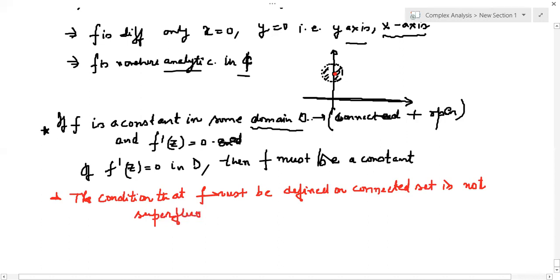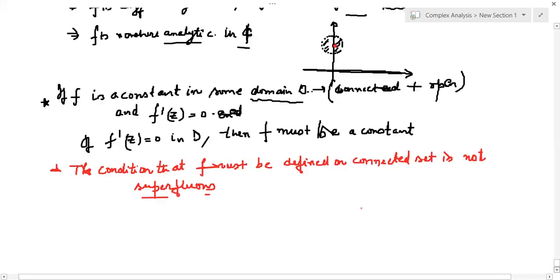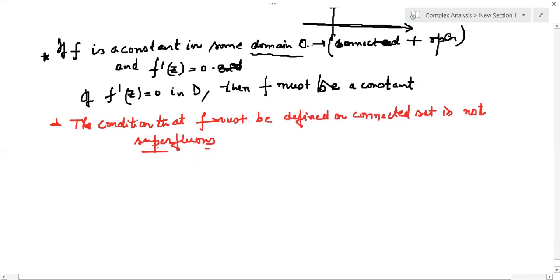So you have to remember this. It's not that I'm just writing it for the sake of writing. No, it is really the case. Let us take one example and try to understand. Let us take an example, f defined from D to C, where D is not connected.